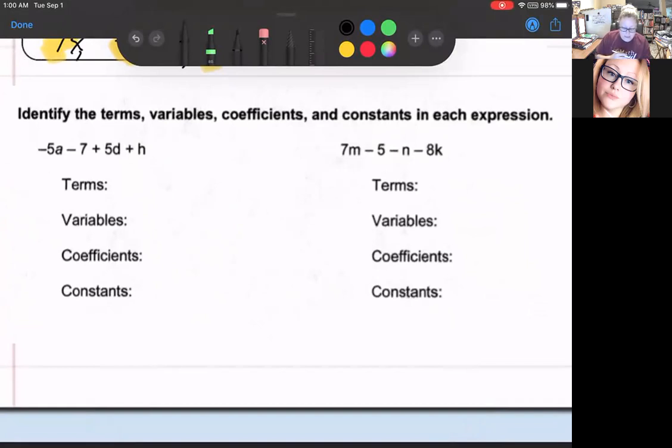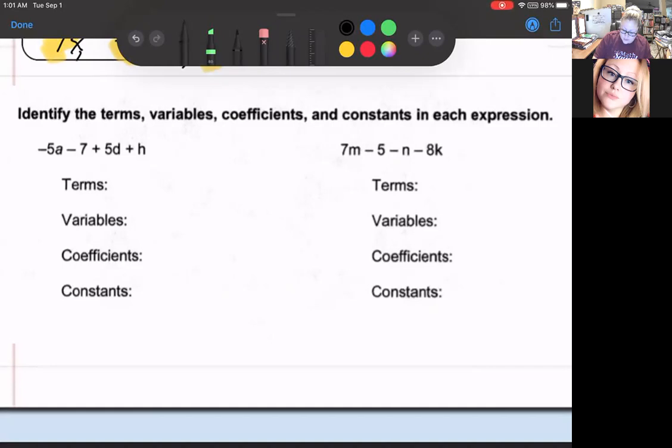So this is our practice. So what are our terms? Our terms are everything that is separated by a plus or a minus sign. So the terms are easy because the terms are everything. So that negative 5a is a term.